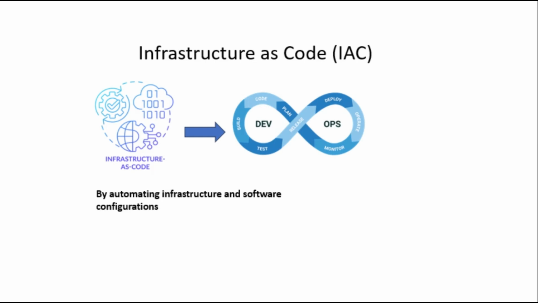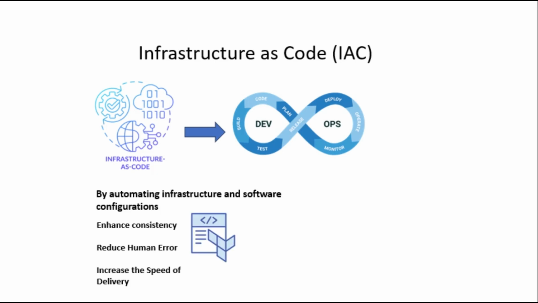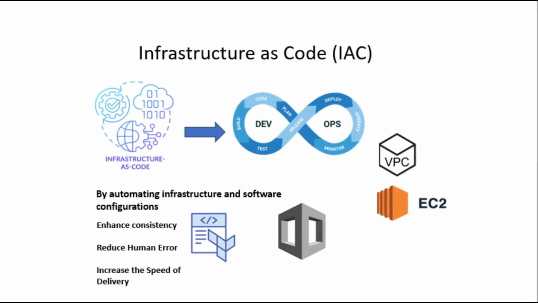By automating infrastructure and software configurations, you can enhance consistency, reduce human error, and increase the speed of delivery. Tools like Terraform, CloudFormation, and others are used to define infrastructure resources, for example, VPCs, EC2 instances, and load balancers.